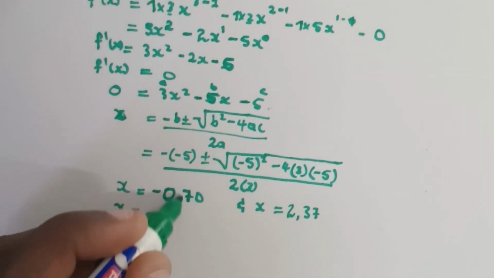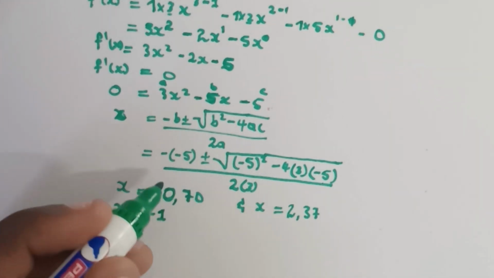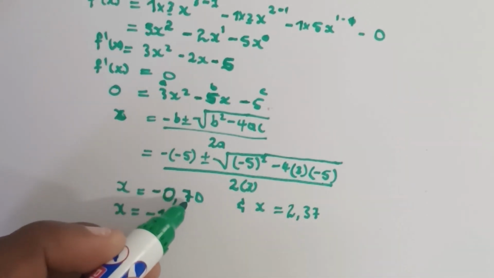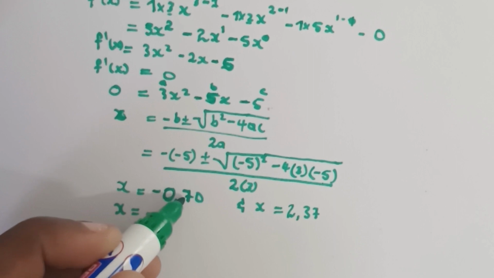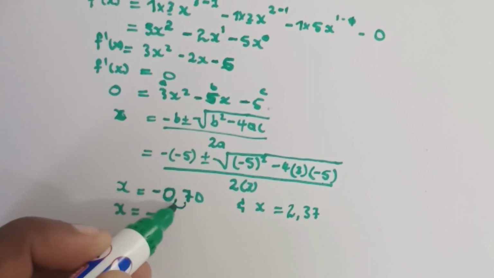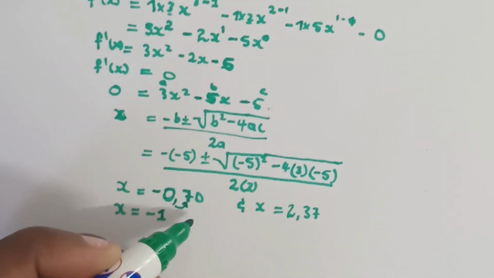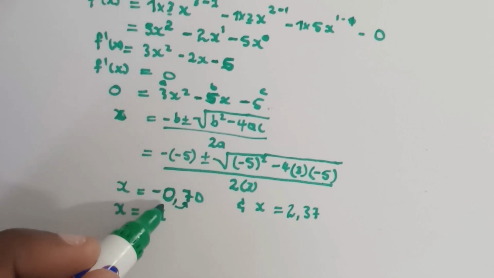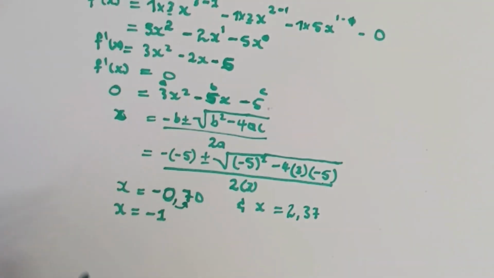Because this one is greater than 0, and then we look at this number and say, if it's greater than 1, we should add 1 to the previous number. So now we'll get our -1.